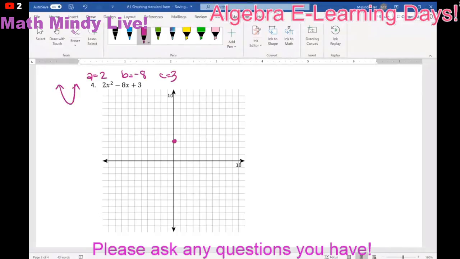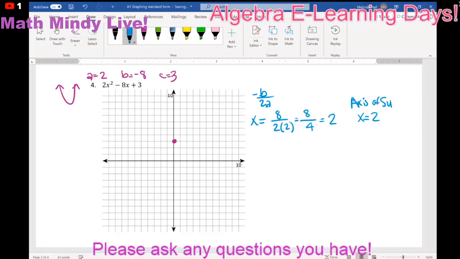So from there, -b over 2a to get our axis of symmetry. In this case, -8 for our b would be a +8 over 2 times 2. 2 times 2 is 4, and 8 divided by 4 is a +2. And so that means our axis of symmetry is at +2.